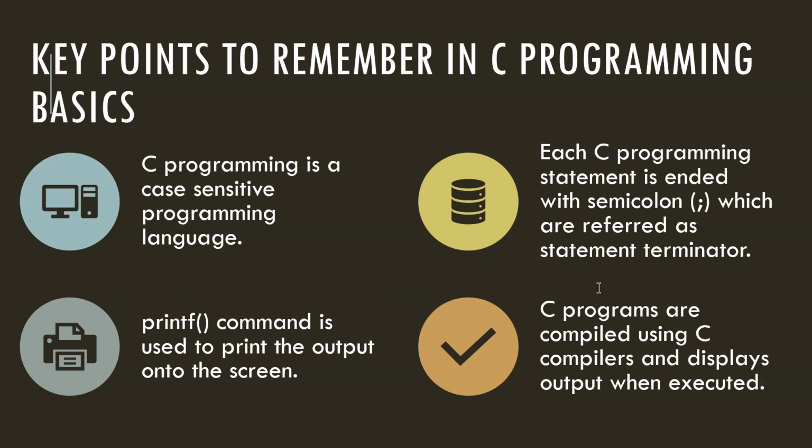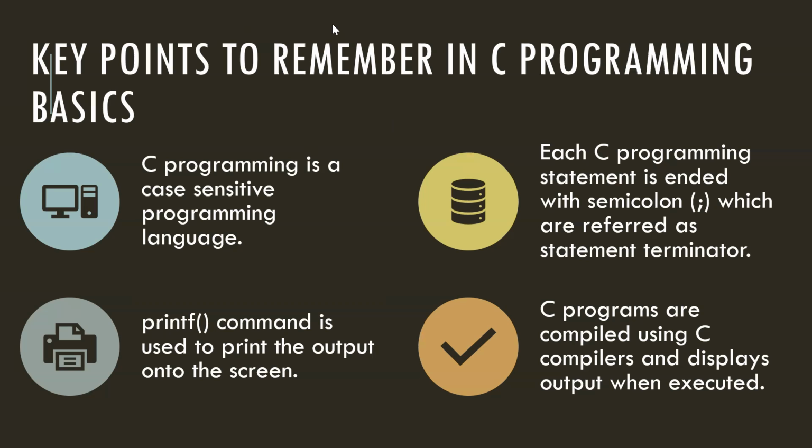And last, C programs are compiled using C compilers and display output when executed. That's why I told you a while ago, we have the compiler in programs like Dev C++. Why do we need the compiler? Compilers check if there are errors.